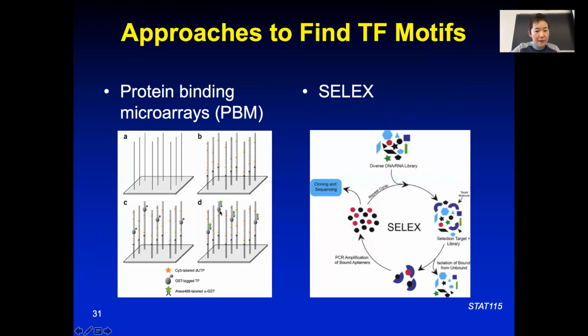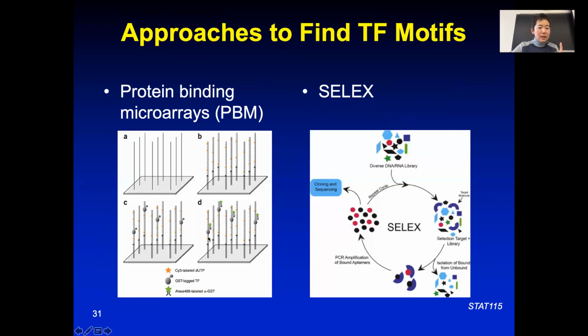And then if you have a particular transcription factor, if you're interested in where it binds, you have to tag the transcription factor with some fluorescent. You make a purified protein, you tag it with a fluorescent, and you flash the transcription factors onto this microarray, and each transcription factor will look for its binding site.